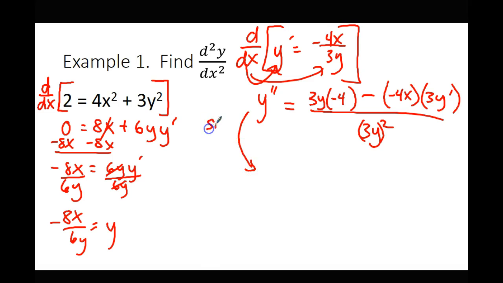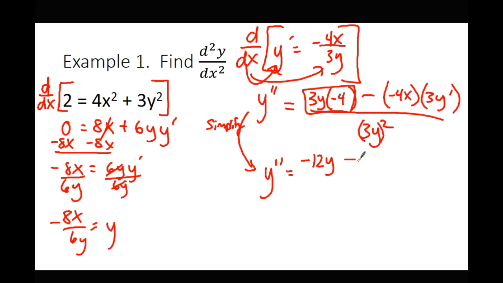So after you take the second derivative, you want to simplify it a little bit. And I would write these steps down because I'll show you why we're not done yet. It may seem like we're done, but there's a little bit more to go here. Y double prime is equal to, what's this going to be? Negative 12y. I'm just multiplying them.